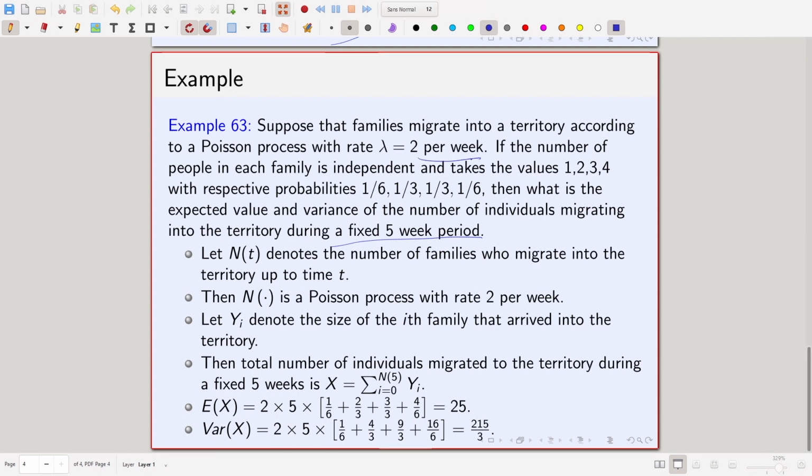So, again here the unit is per week. The families migrate into a territory according to a Poisson process with rate 2 per week.